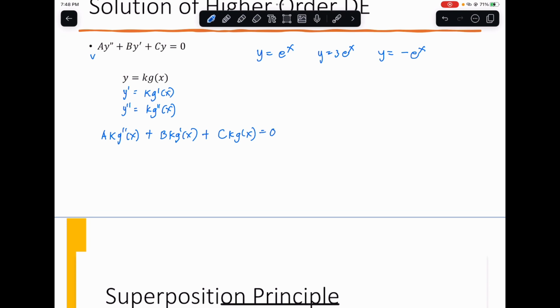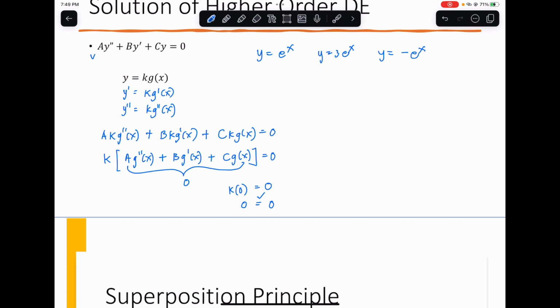And k can be factored out, giving us k times a g double prime of x plus b g prime of x plus c g of x is equal to 0. And we can say that this term is actually equal to 0. So that's k times 0 is equal to 0, and 0 is equal to 0.